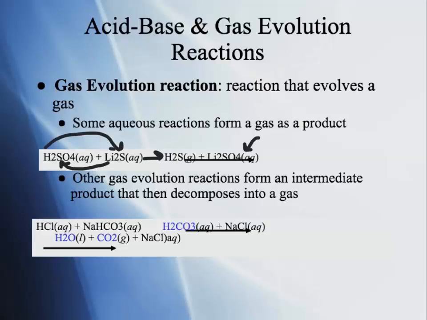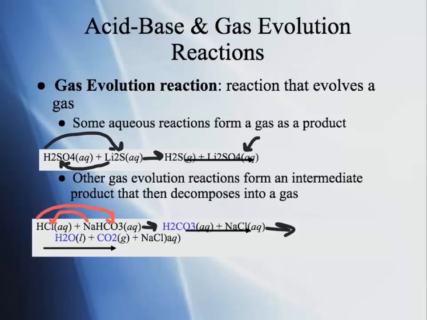All right. Other gas evolution reactions aren't this simple. They form intermediate products, which then decompose into gas. So like this one, which is hydrochloric acid with sodium carbonate, actually sodium bicarbonate, they call it. And again, we're going to see that there's going to be a switcheroo.